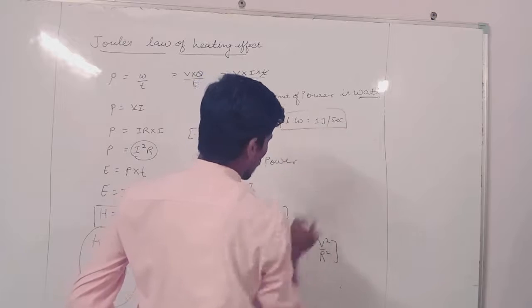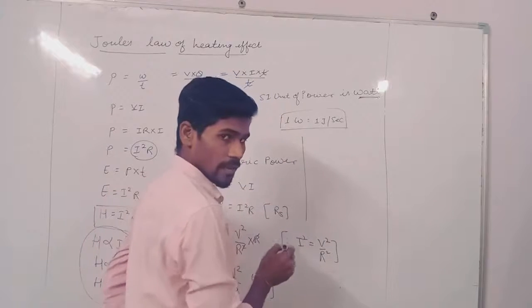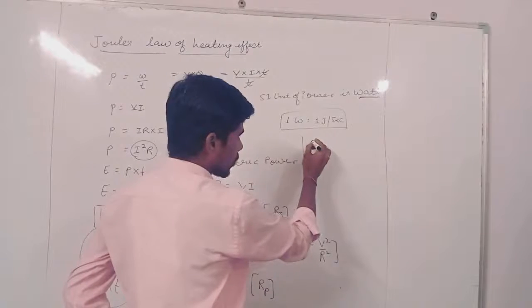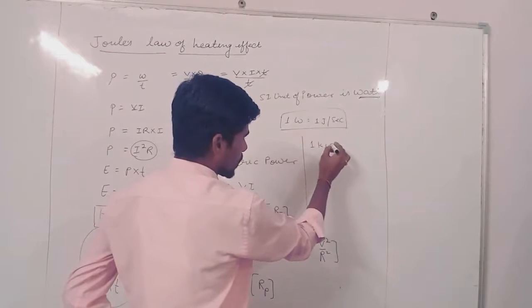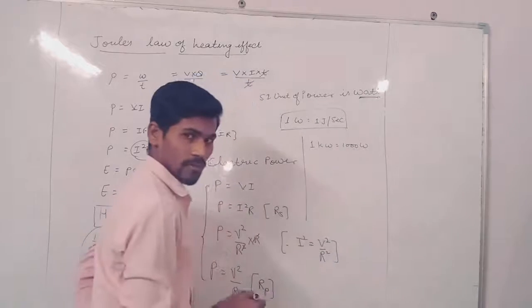This is the SI unit of electric power, and the commercial unit of power is kilowatt. Commercial unit of power is kilowatt, and 1 kilowatt is equal to 1000 watt.